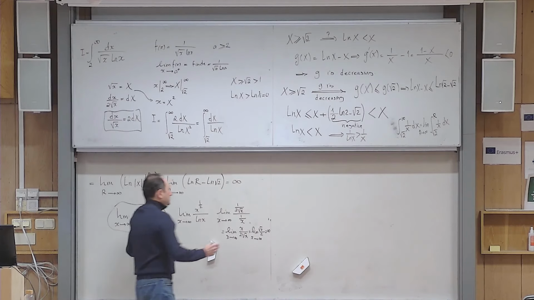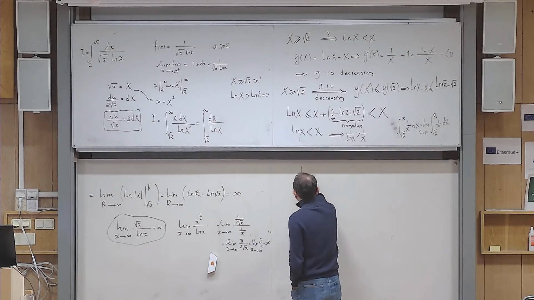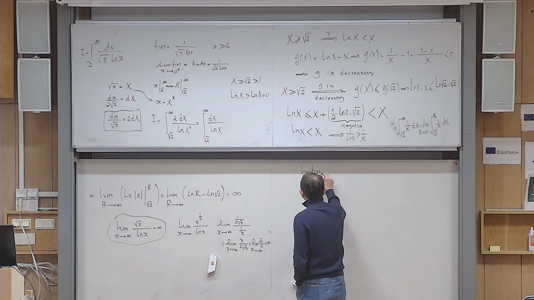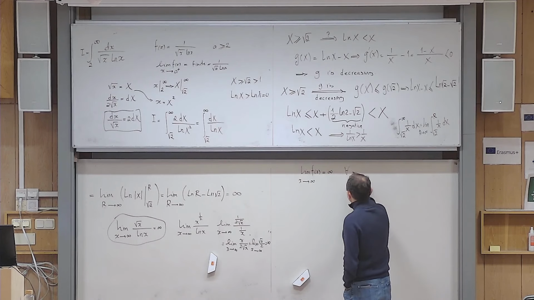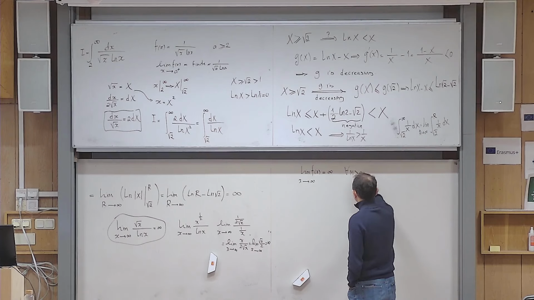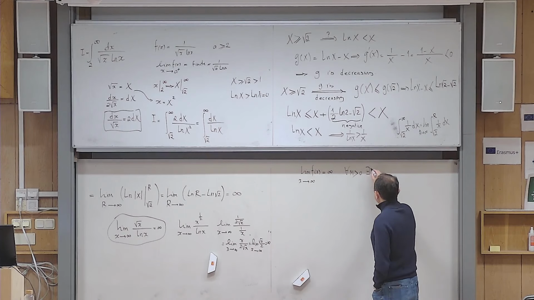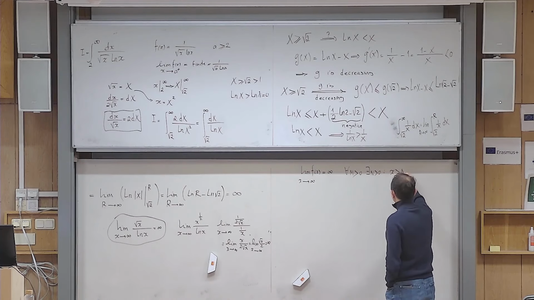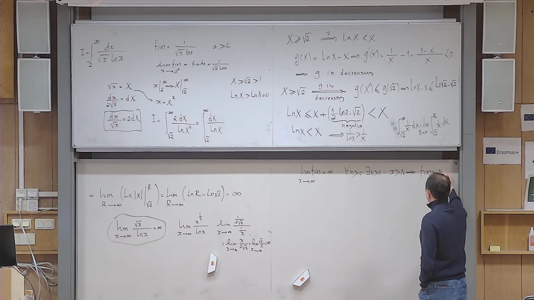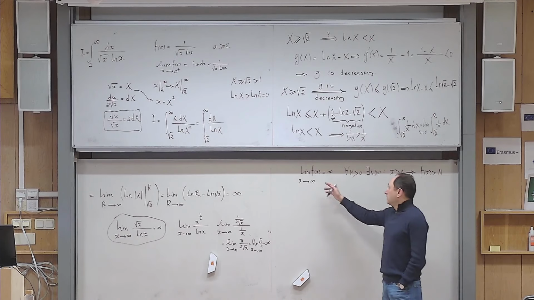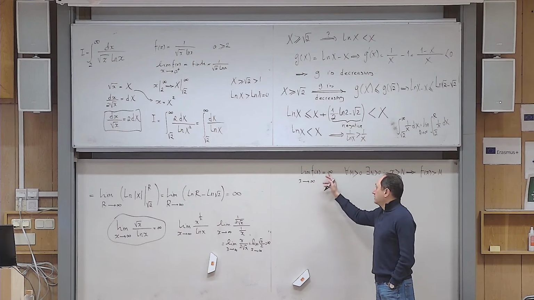If you say the limit of a function f of x is equal to infinity when x approaches infinity, by the definition of the limit, it means that for all positive numbers m, there exists another positive number n, so that when x is greater than that n, this would imply that f of x is greater than m. That is the definition of the limit when x approaches infinity becomes infinity.